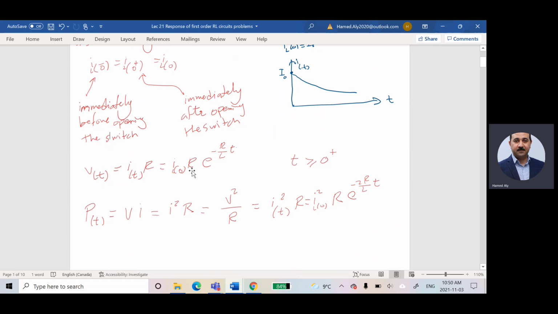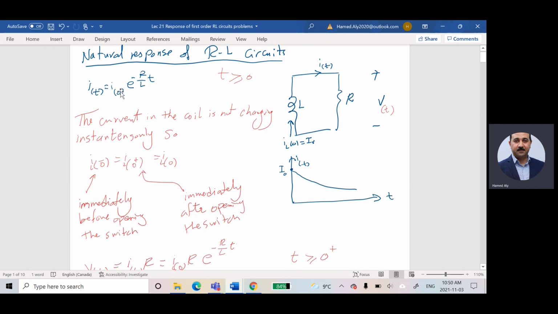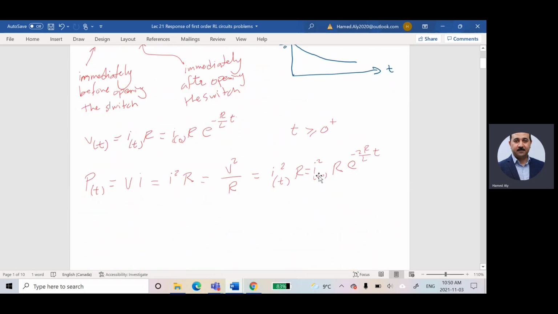Because I squared of this will be I_0 squared times e to the power negative 2, because e times e will be e to the power 2. That's why I wrote here the power is equal to I_L of 0 squared times R times e to the power negative 2R over L times t.